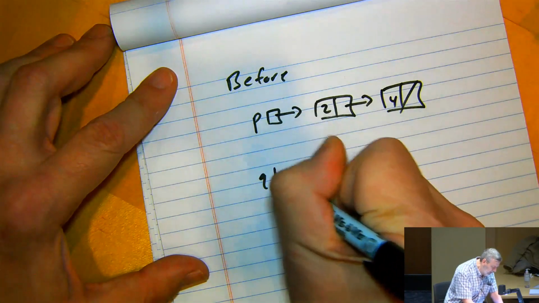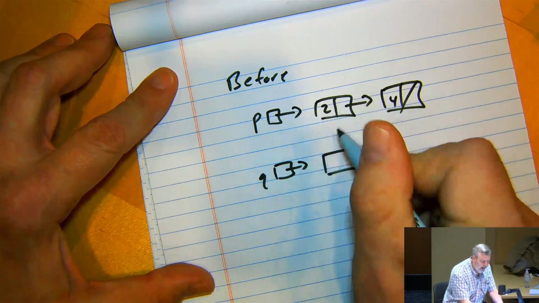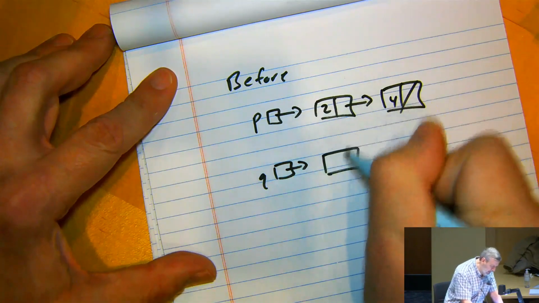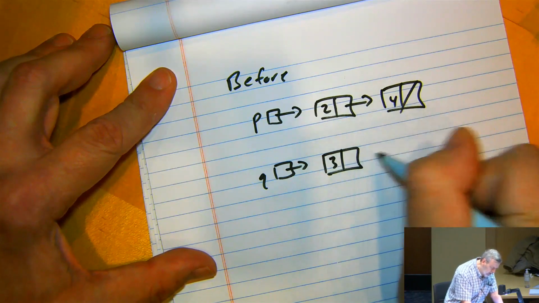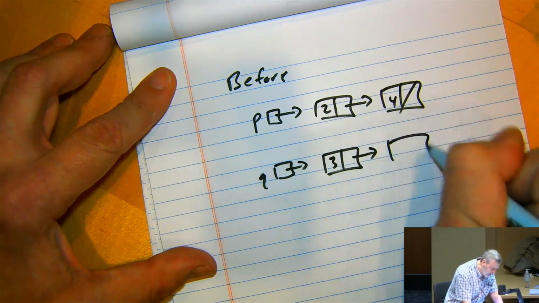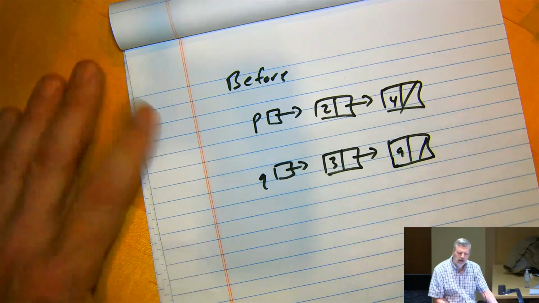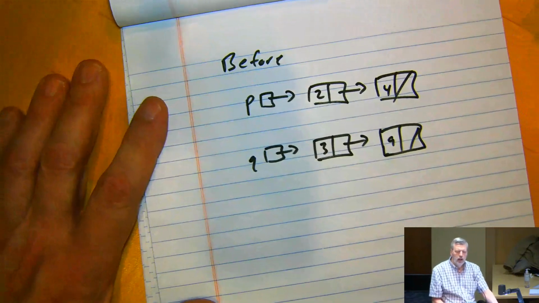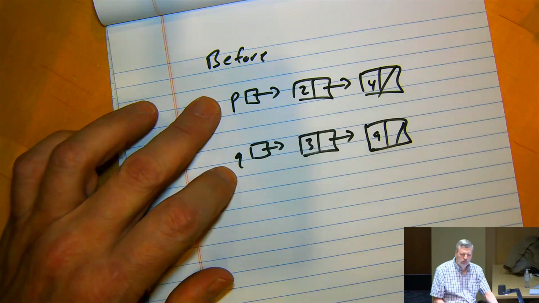And we've got a variable q that stores a reference to a node that has a 3 in it, and it in turn stores a reference to a node that has a 9 in it, and then there's a terminator for that. So two element lists that are using the variables p and q to refer to them.